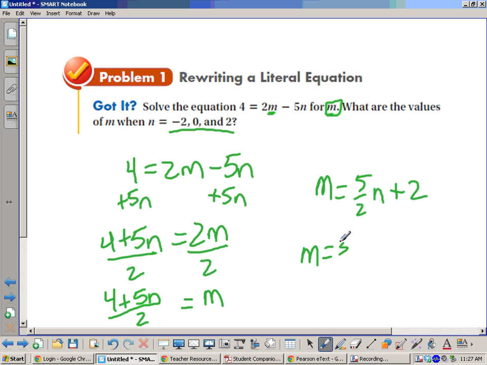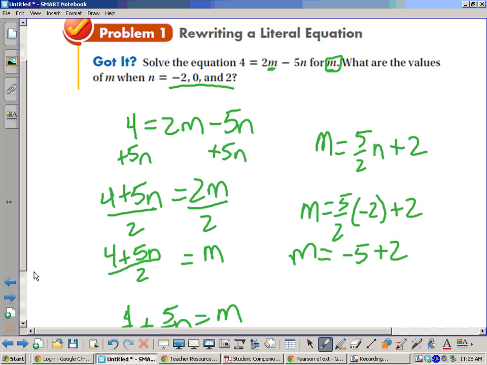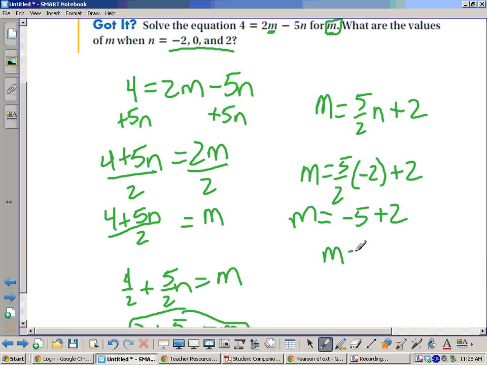So in this case, we need to put -2 in for n. So 5/2 times -2 is going to be -5 plus 2. And we get m equals -3.